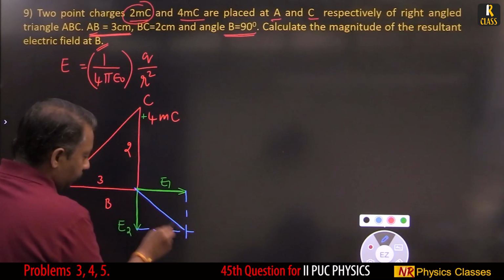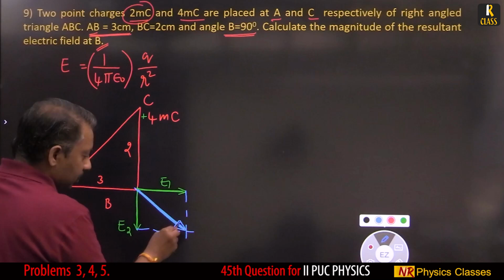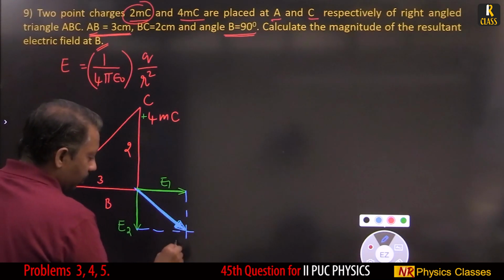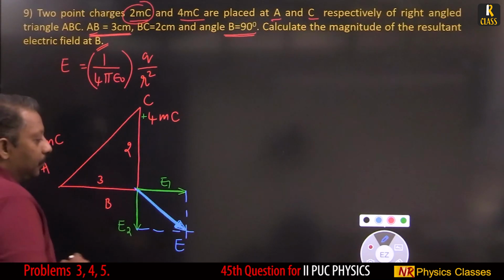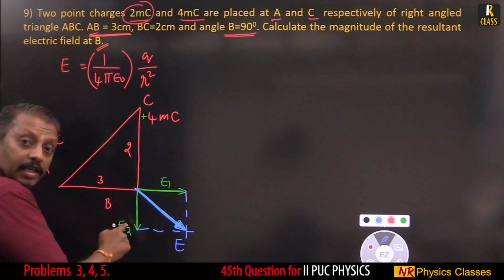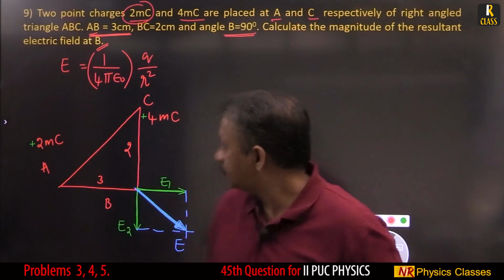Draw the diagonal. This diagonal represents the resultant. Students, write using a scale and pencil. Okay, don't forget. This is E. So first step, find E1, E2. Second step, find the resultant.